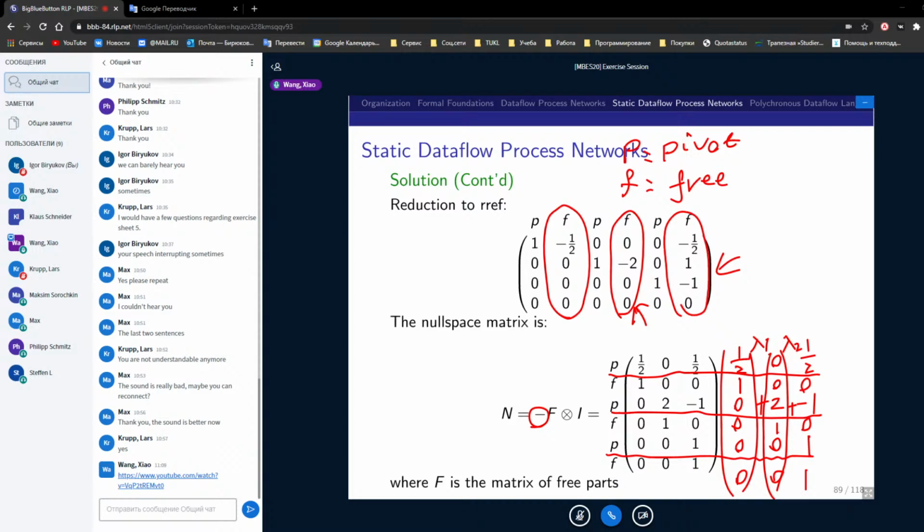For the free parts, it's just the identity matrix, where only the diagonal is 1. And there you have the 3 independent vectors, where the solution is a linear combination of them. Okay, is that understandable?